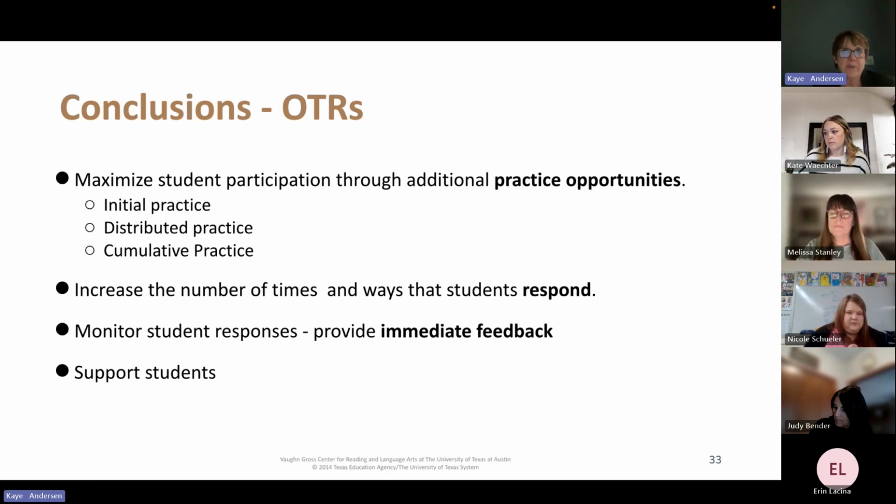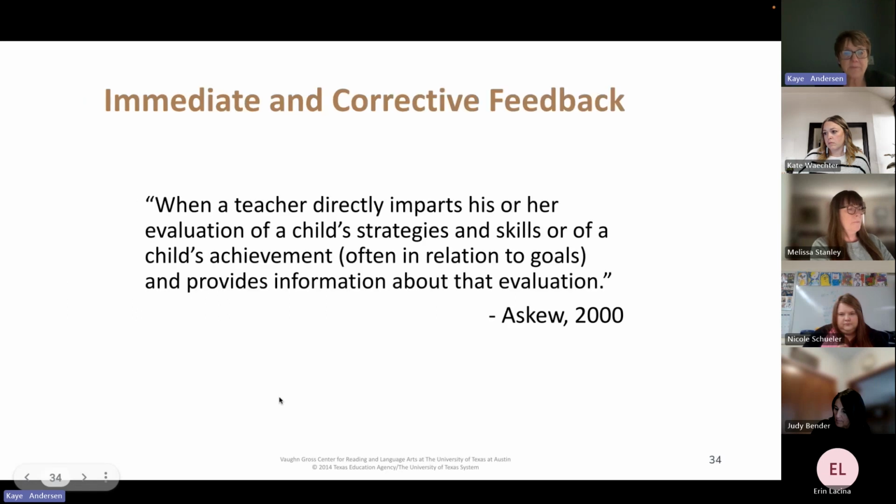That doesn't have to be individual student by student. If I'm looking around and there's only one student that got it wrong, I still want to give some quick feedback, reteach, do a problem over, then let's all do another one. If that student still isn't getting it, I know that's the student that I need to work with later. That's how I can support those students in my class.